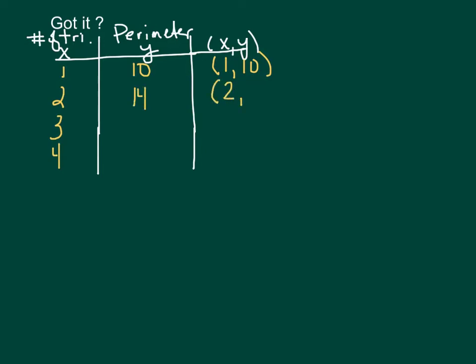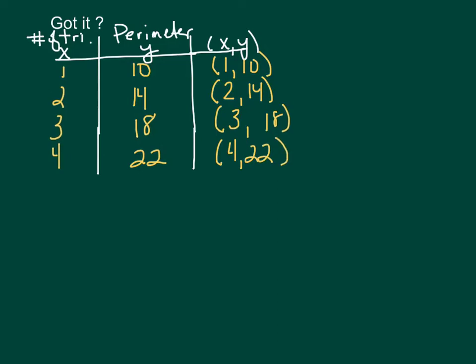So that would give you 2, 14. 3, 18. And you should start noticing a pattern. And 4 triangles, that'd be 22. So we just represented that as a table.